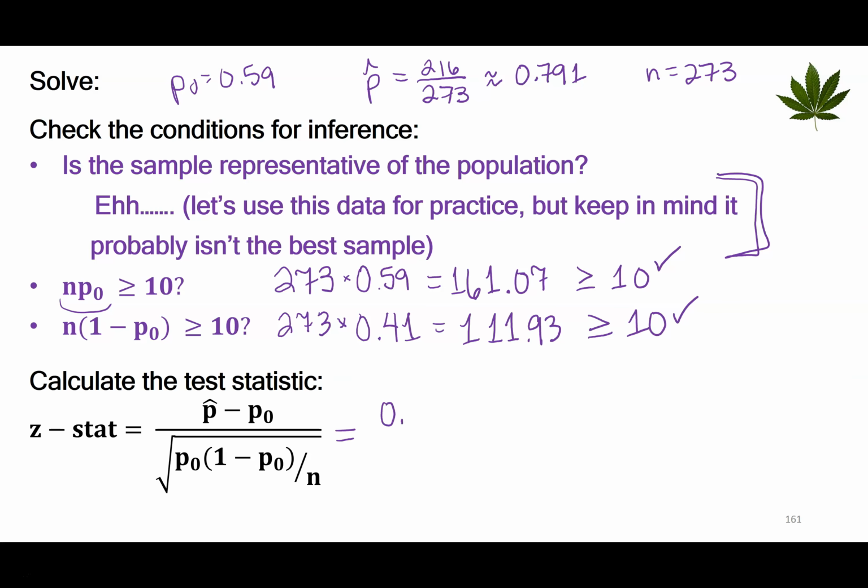So about 0.79 minus, and note, when I threw this in my calculator, I didn't have rounding for this part. I had just 216 over 273. Not the biggest deal though. 0.59. Then the square root of 0.59 times 1 minus that, that's 0.41, divided by the sample size, 273.